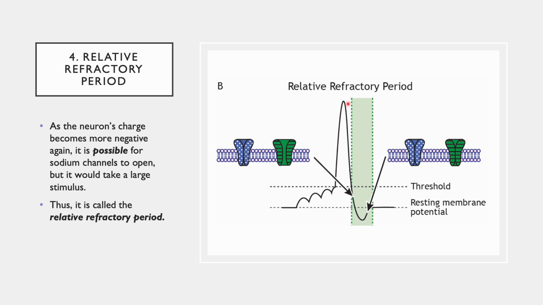The sodium ion channels are already closed. But down here, after the cell has repolarized, it can become more positive again if there's a very large stimulus present, which would induce the sodium to come back into the cell. Thus, this is known as a relative refractory period because an action potential could potentially occur.